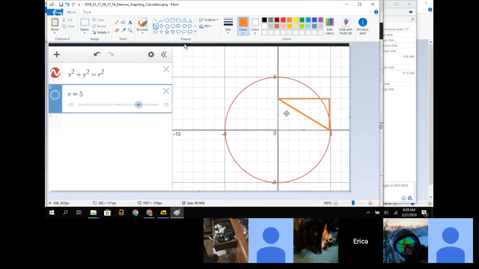I'm not good at my rotations here. There, that's what I want to do. All right, so now if I gave you this picture, and I wanted to know what is the distance from the center to this point out here? So this maroon line, how long is this line right here?